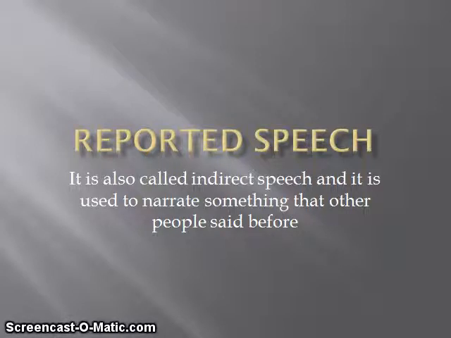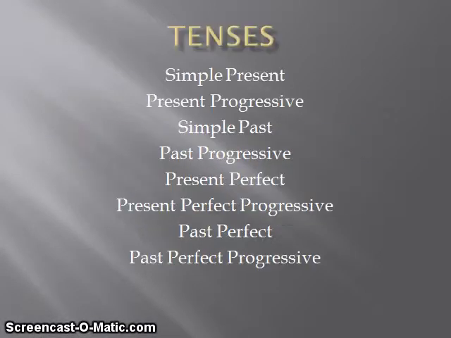For starting this structure, we're going to start with a review in tenses that are very important, guys. The simple present tense uses helper do and does. The present progressive uses verb being present, that is am, is, are.